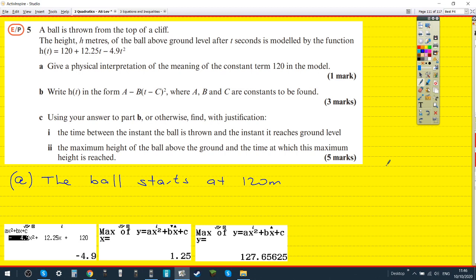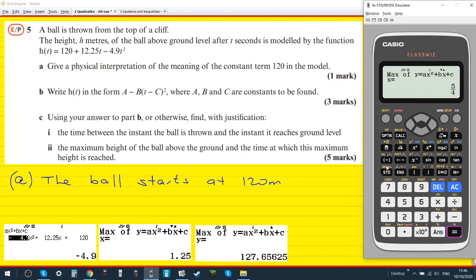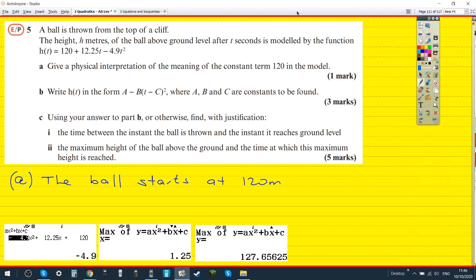Okay. What do we do there? So do we use both maximums and put them into the complete the square form? Yep. So would C be the maximum of y? This C, is it?